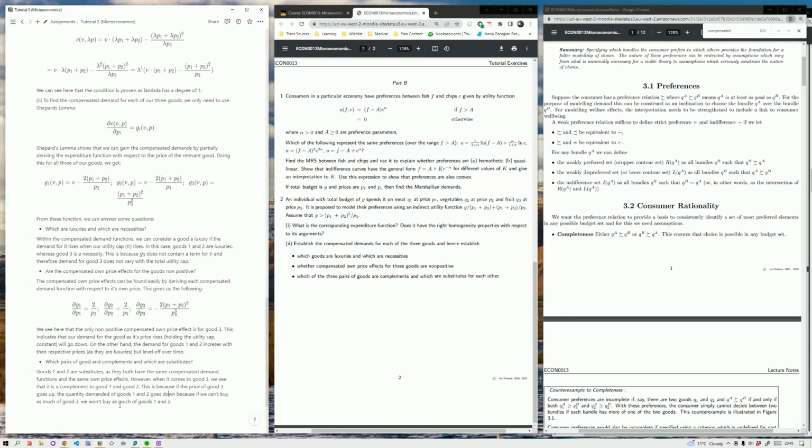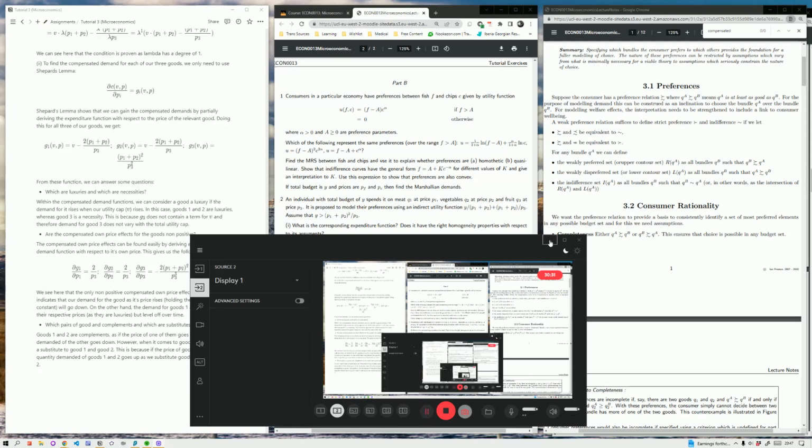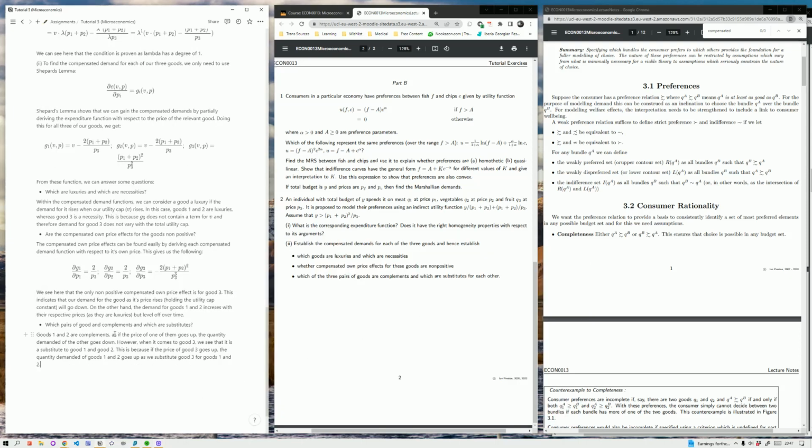So if the price of good 3 does go up, you can see P3 goes up. This is going to reduce this overall here on the right-hand side, which means we're reducing what we're subtracting here, which means it's going to get larger. Oh, wait, no. Damn it. No, I do need to check it again. Pardon me. I'm back. Okay, I was wrong.